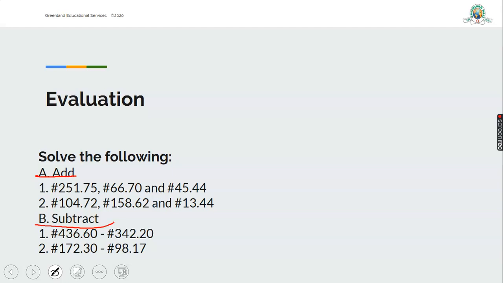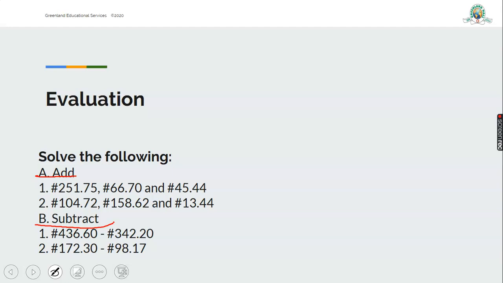The second exercise, you are to add 104 naira 72 kobo with 158 naira 62 kobo with 13 naira 44 kobo. You are to add those together.